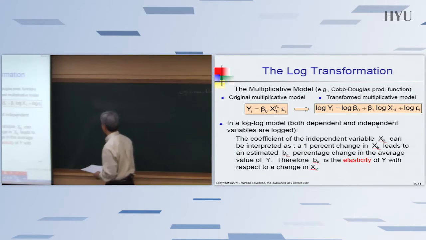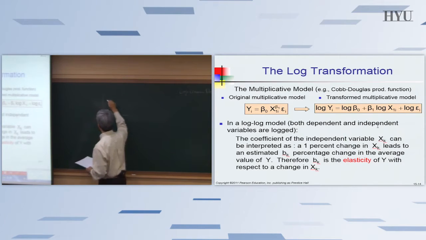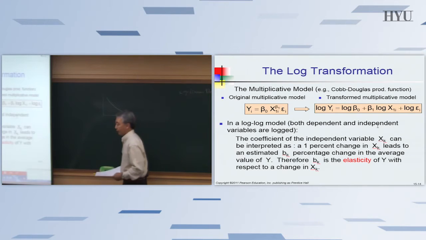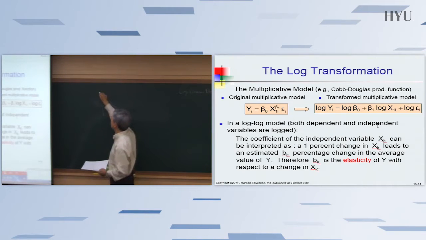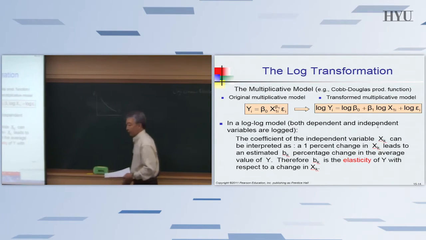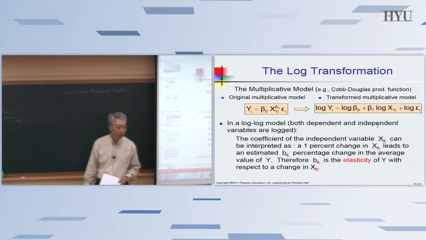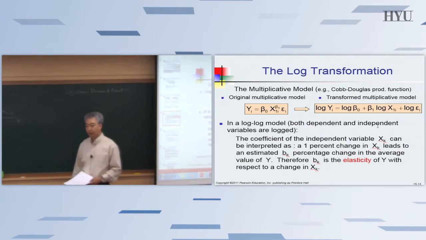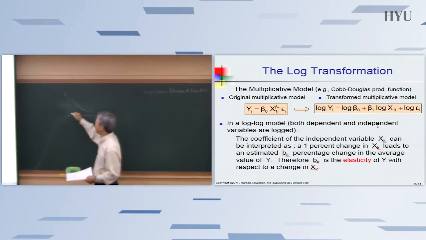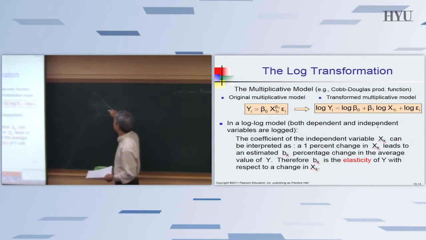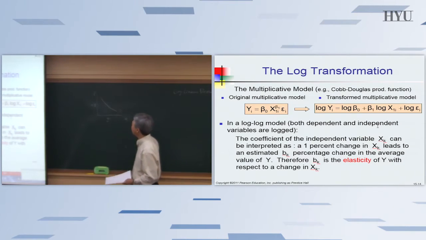I'm sure you have learned the typical shape of a demand curve. Price goes here and quantity goes here, right? And the demand curve shows there's an inverse relationship between price and quantity demanded. When the price rises, then quantity demanded would go down. Okay? That's the idea.